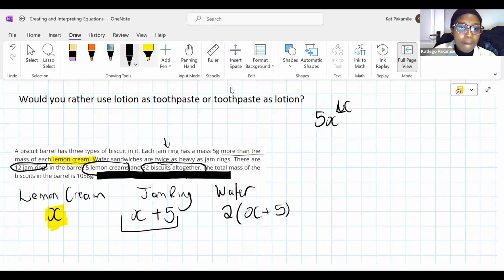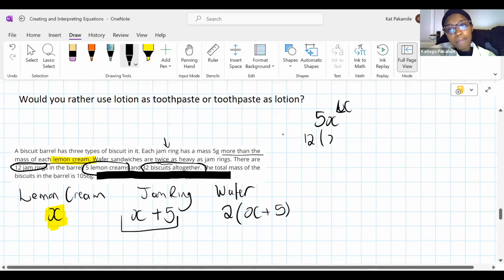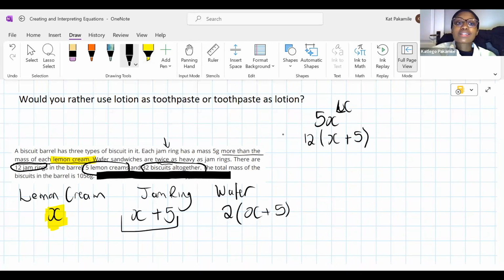But now they're telling us there are 12 jam rings. So we're going to say 12 times the weight of 1 jam ring, which was X plus 5. And then they say in total we have 32 biscuits.